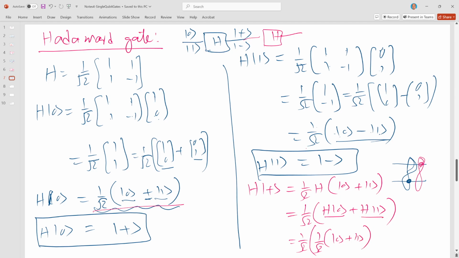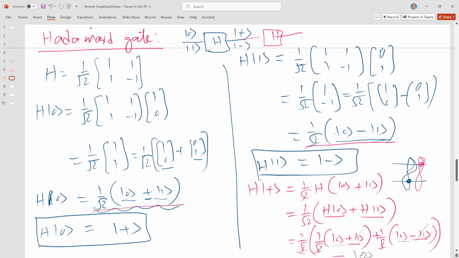And this we already know because this is here. This becomes 0 minus 1. And since they both have the same coefficients, we can see that this plus 1 and minus 1 cancel out, because they have opposite sign and same coefficient. And the 0 and 0, they add up. So this coefficient is half because 1 over square root 2 times the outside 1 over square root 2 is half. So half 0 and half 0 state becomes full 0 state.